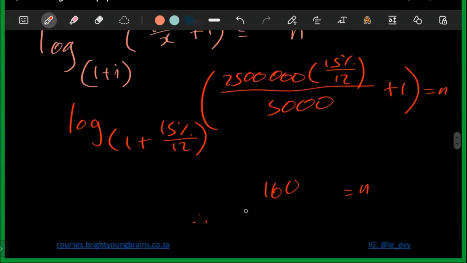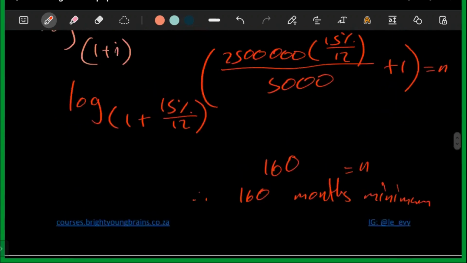So I say here, therefore, 160 months minimum. Obviously in your calculator, if things come out as like 159 point something close to 9 or 999, you're going to round it off to 160. So let's keep things moving.